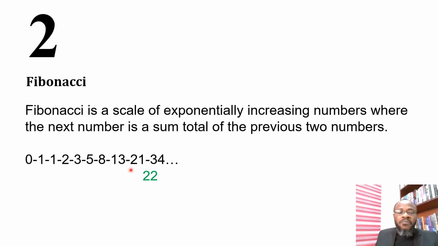Okay, but the perceived difference between 21 and 34 is equivalent to the perceived difference between 13 and 21, and is equivalent to the perceived difference between 8 and 13, because that is how the mind reads these kinds of differences.